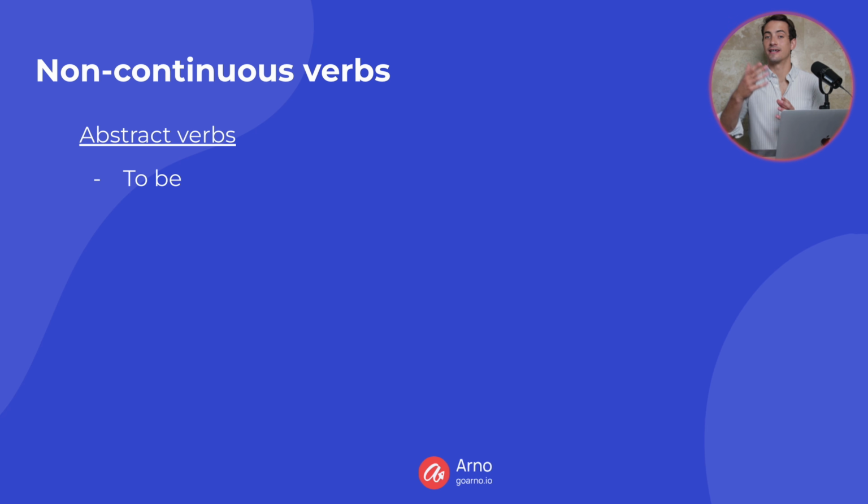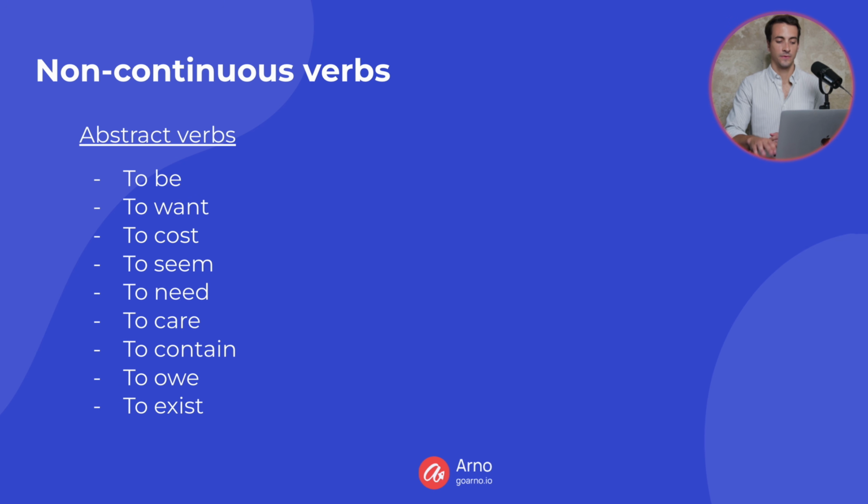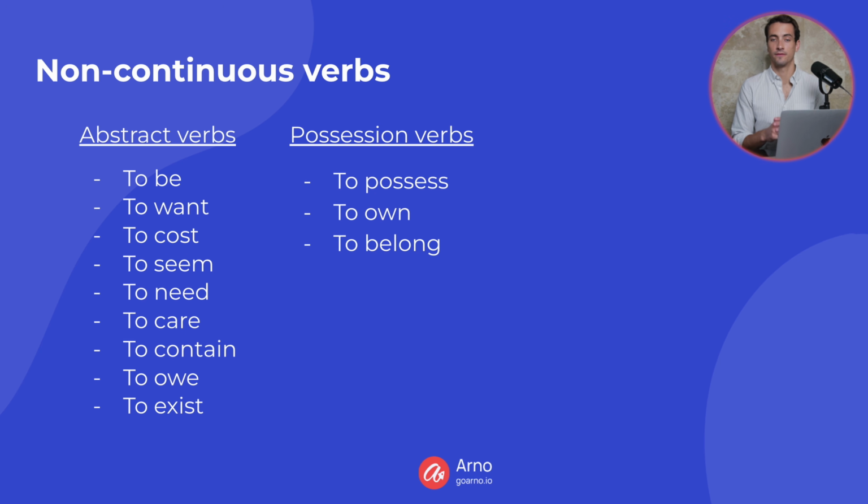They are things like to be, to want, to cost, to seem, to need, to care, to contain, to owe, to exist. The second category are possession verbs. To possess, to own, to belong.